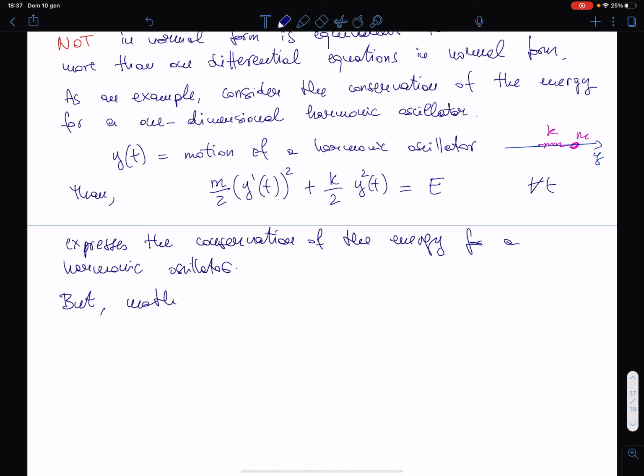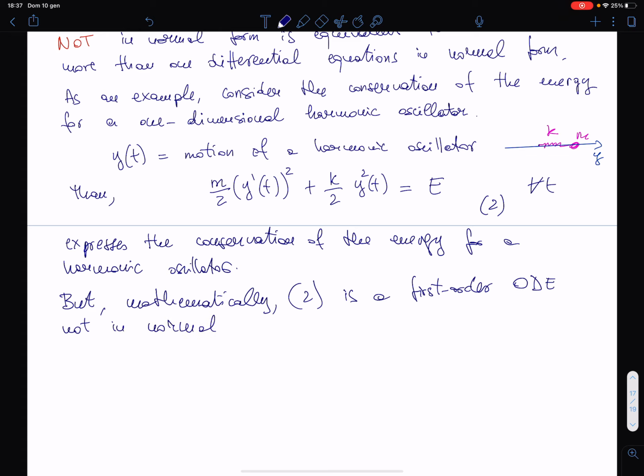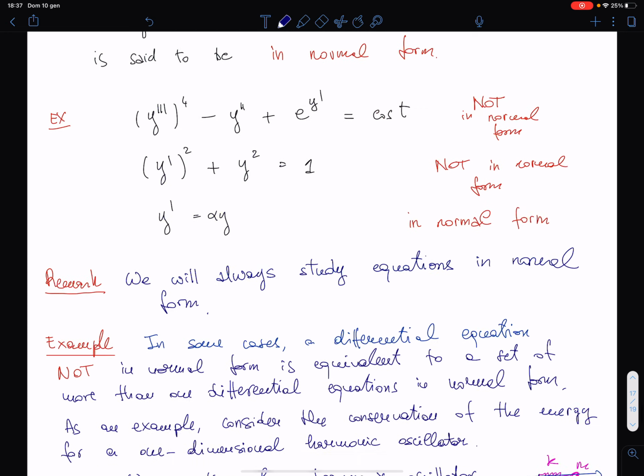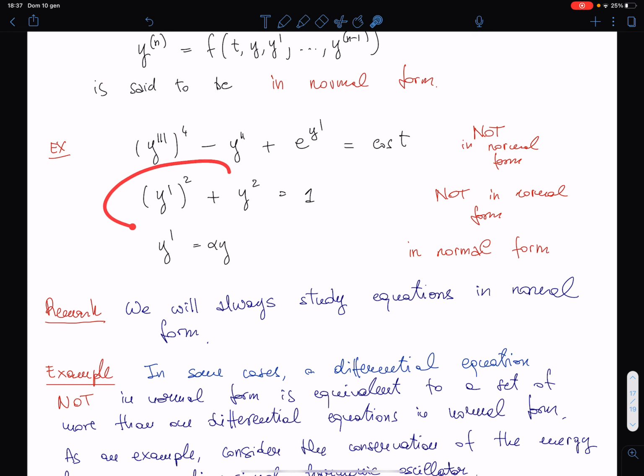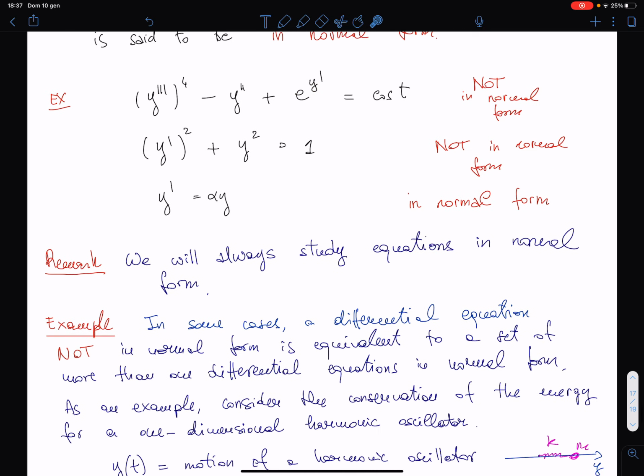Mathematically, this relationship that I call 2 is a first order differential equation not in normal form. This was the second example I gave you, with mass equal to 2 and an elastic constant equal to 2.